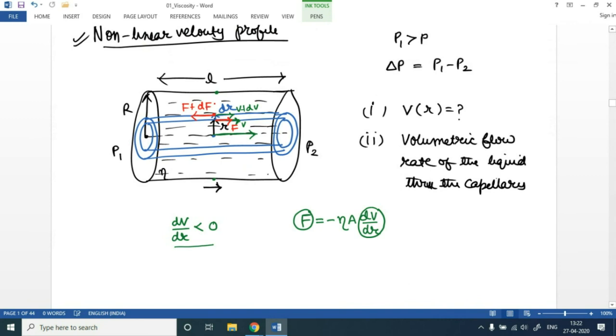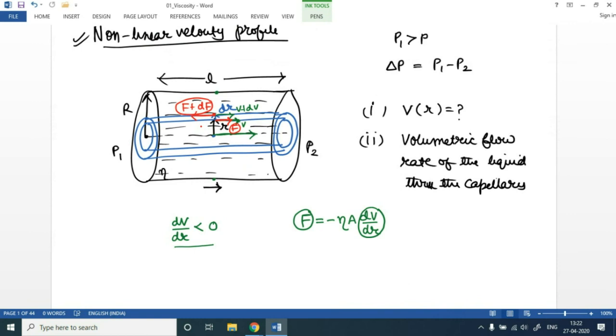So this cylindrical layer of the liquid is experiencing this force F due to the inner part of the liquid, and this force F plus dF due to the outer part. And I previously said that the net force acting on any layer of the liquid has to be equal to 0.